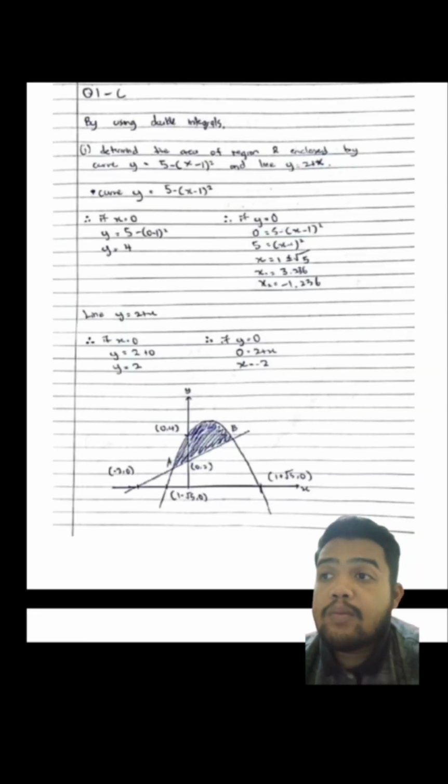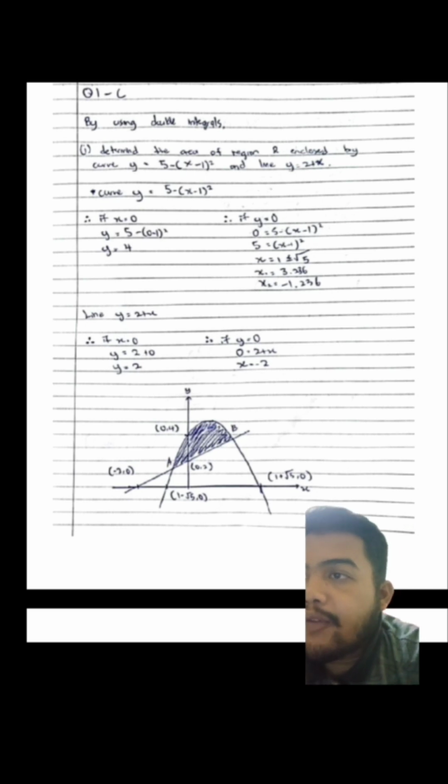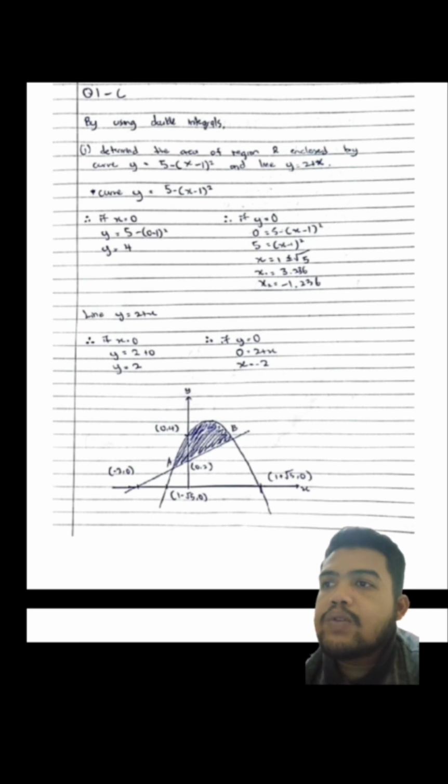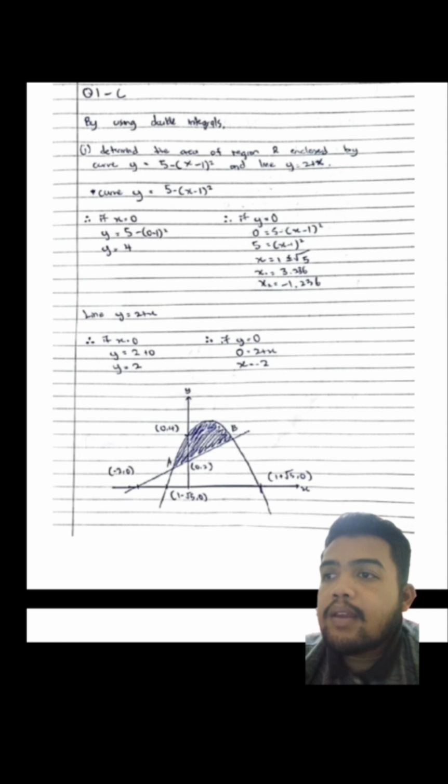Okay, now I will continue with 1C. For 1C, by using double integral, the question is, we have the curve y equal to 5 minus (x minus 1) squared and the line y equal to 2 plus x. The calculation is, if x equal to 0, y equal to 5 minus (0 minus 1) squared, the y answer is 4.